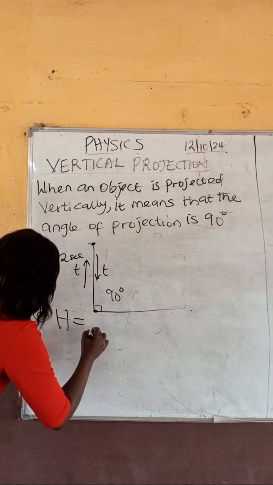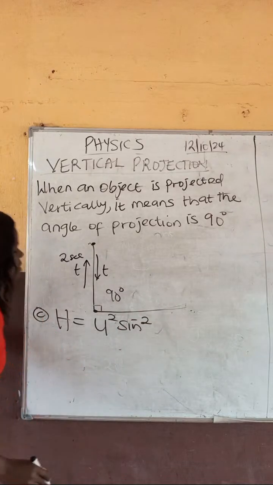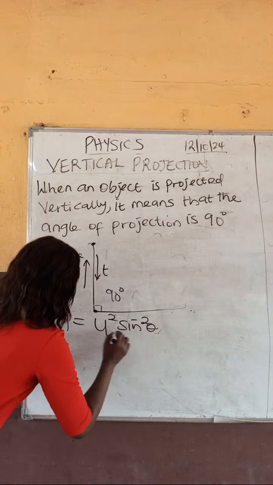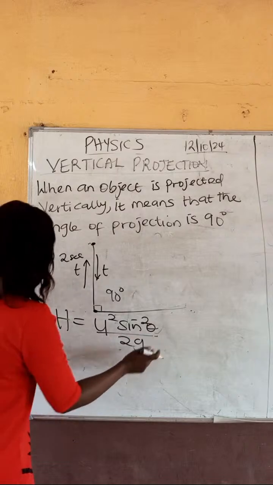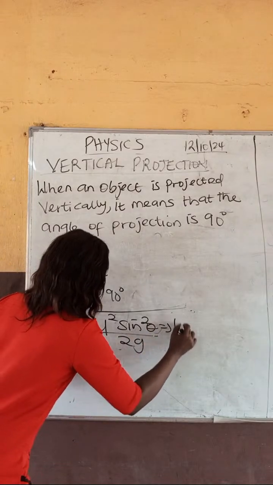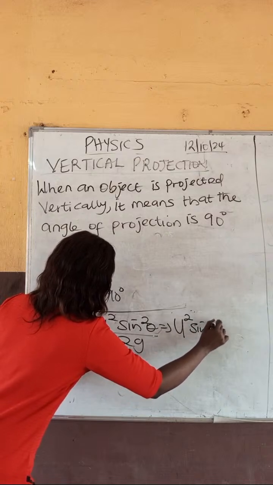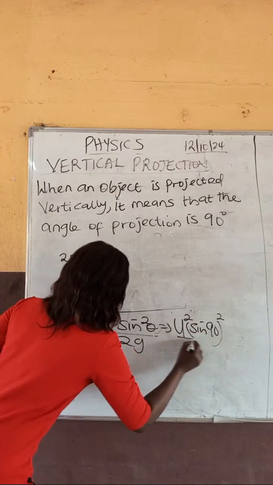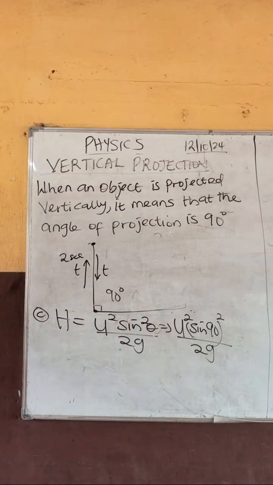Now the height is equal to u square sine square theta over what? 2g. Okay, so let's substitute by saying this is u square sine 90 all squared divided by 2g, right?